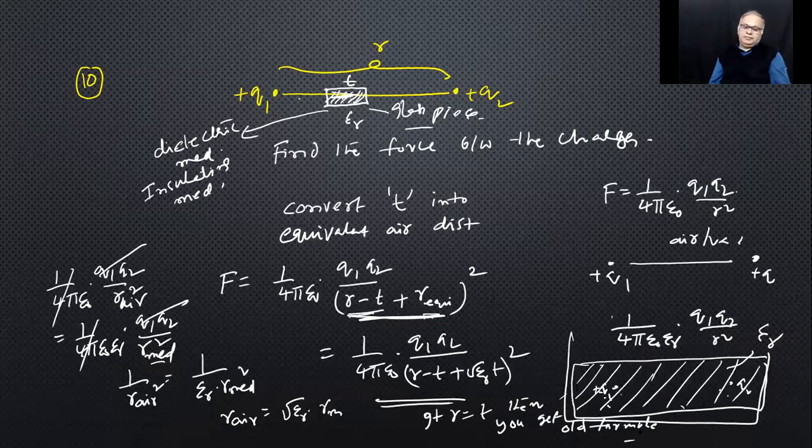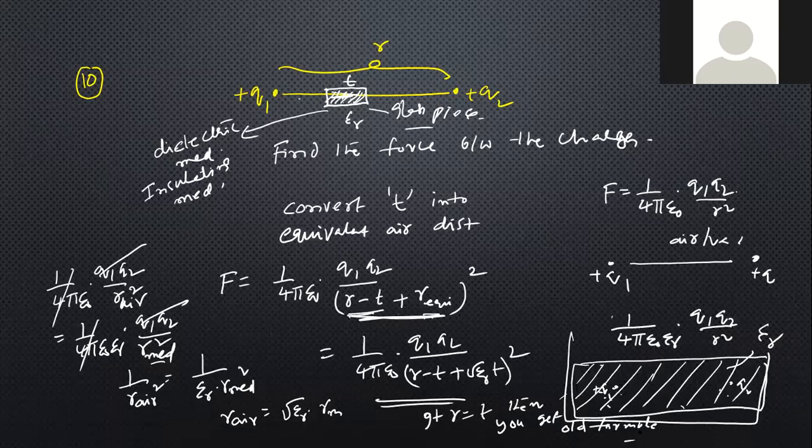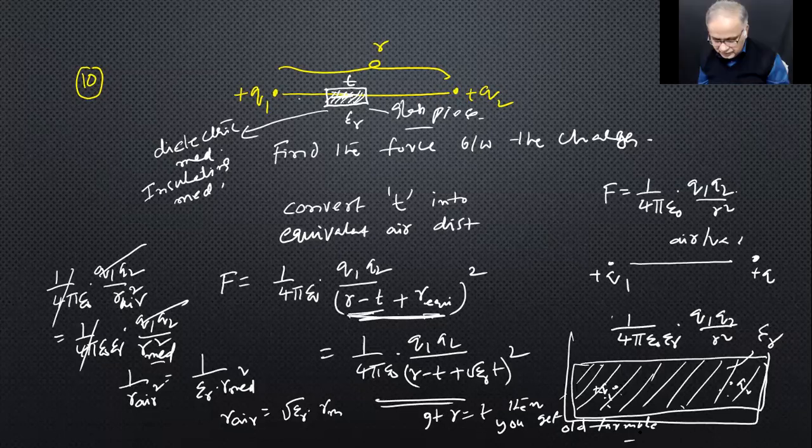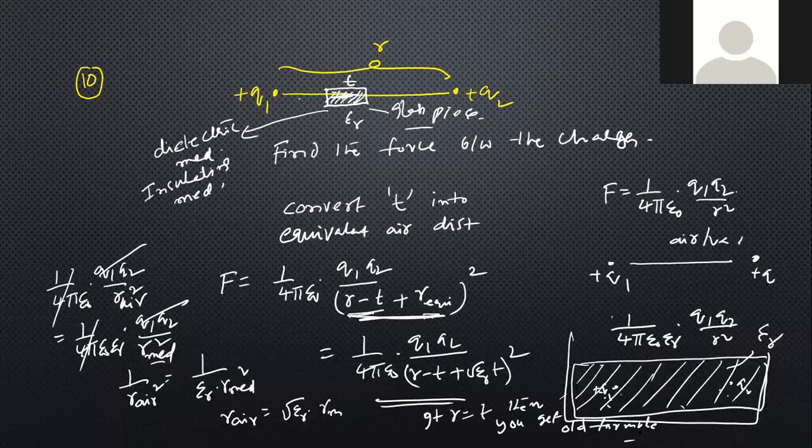Look at that now. So we're making the medium equivalent to air being there instead. I couldn't have simply added the medium distance and the air distance separately and written it there.